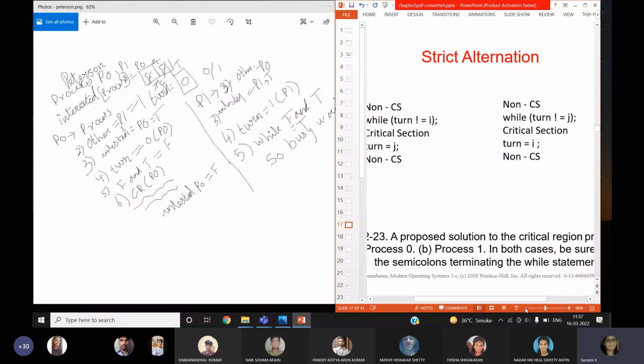So for every process, we need a separate algorithm. That means the variable should be different. So that was a disadvantage here. And only two processes can compete to use the critical section at a time.